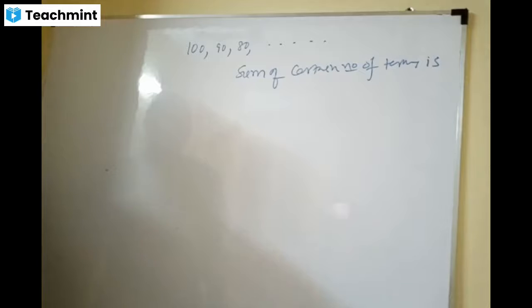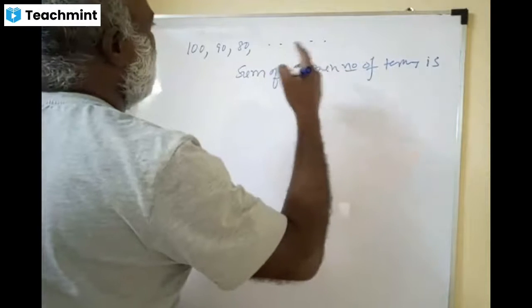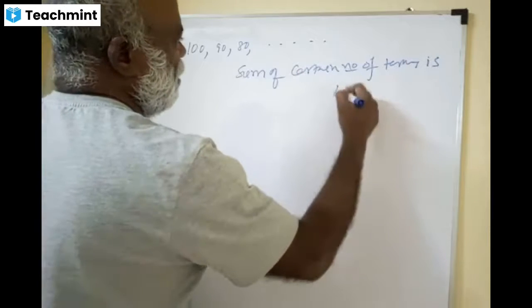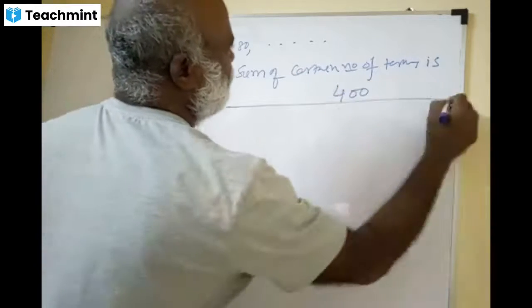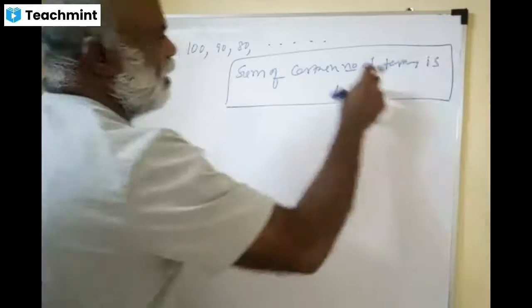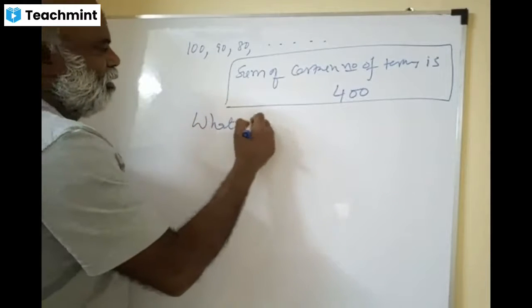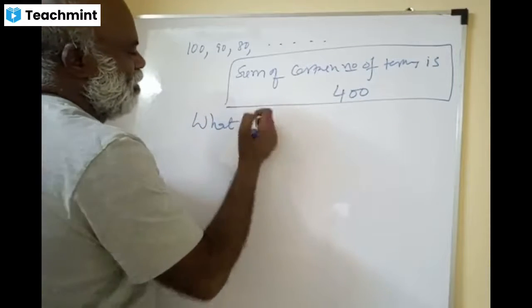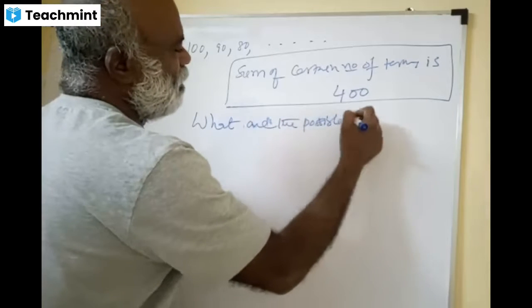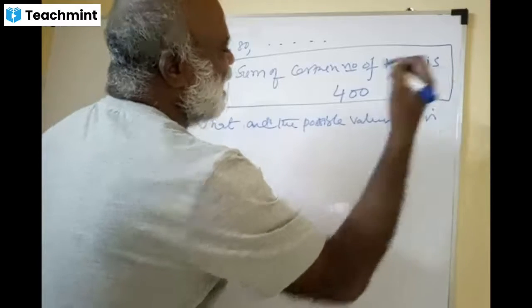Sum of a certain number of terms is 400. What are the possible values of n?